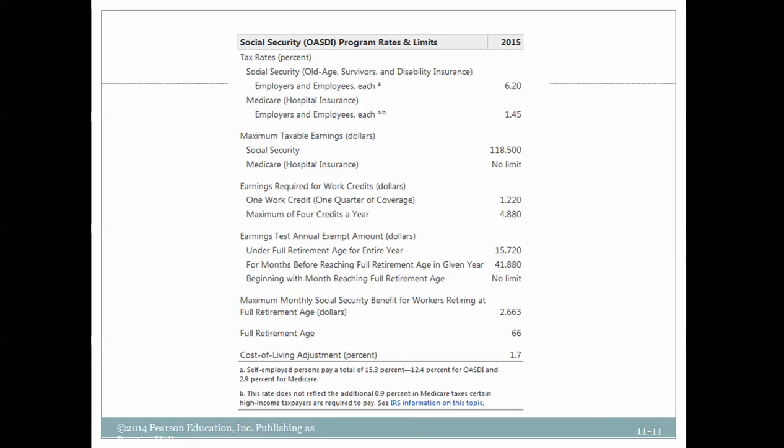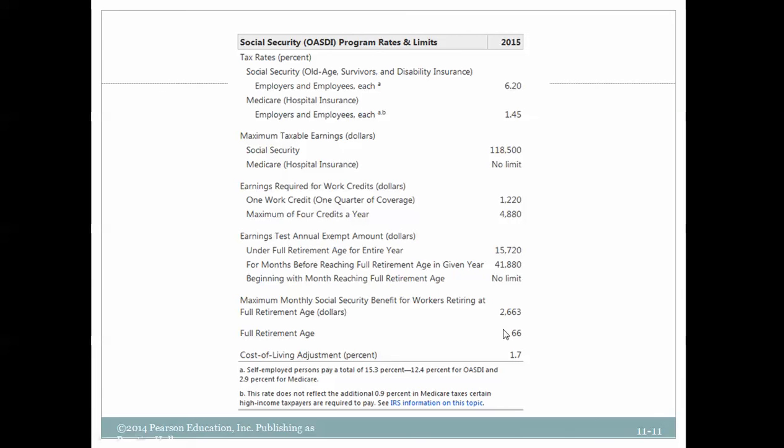Often that account can be a good way to find out if you have incurred any type of identity theft, because if there are earnings which are not on your Social Security statement that should be, or if earnings are falsely recorded on your statement, that may indicate that somebody else has used your Social Security number to falsely report or to take away income that should be included on your statement.